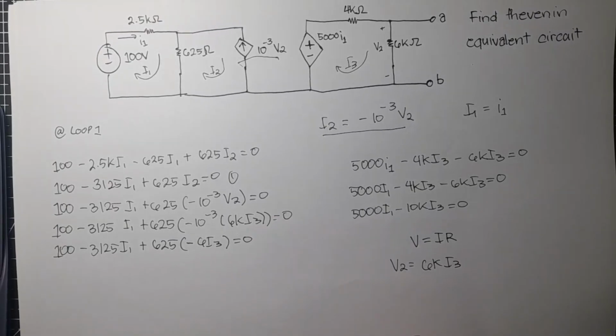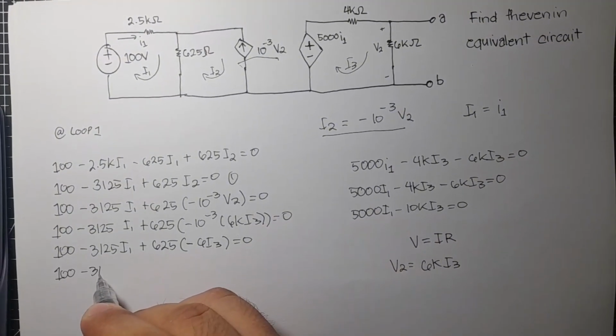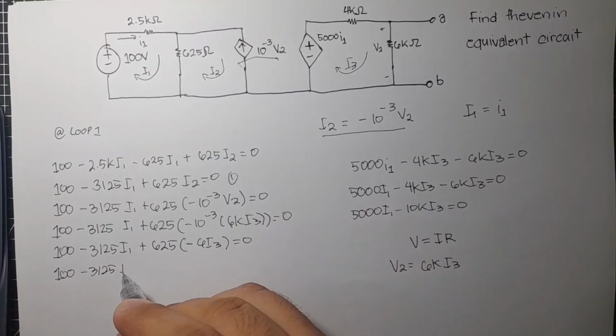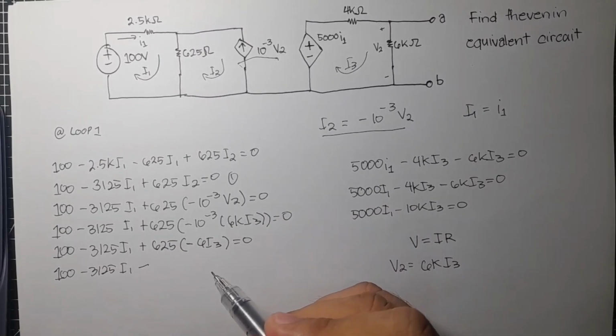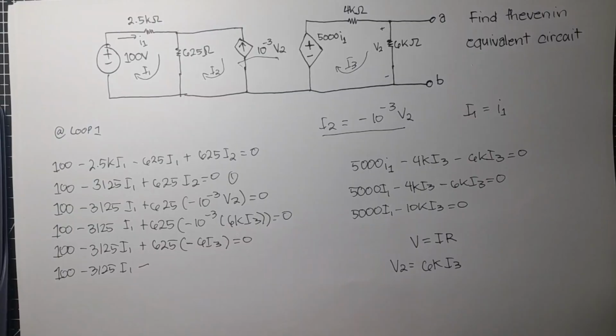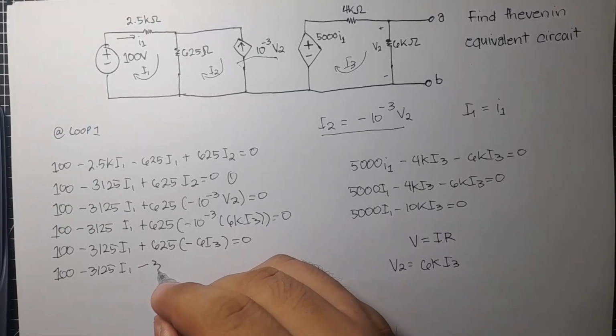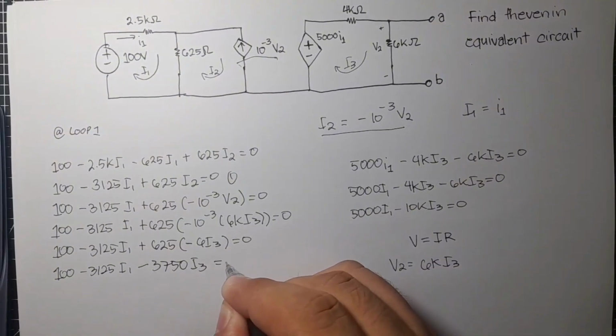So let's simplify the equation. 100 minus 3125 I1 minus 625 times 6, 3750 I3 equal to 0.